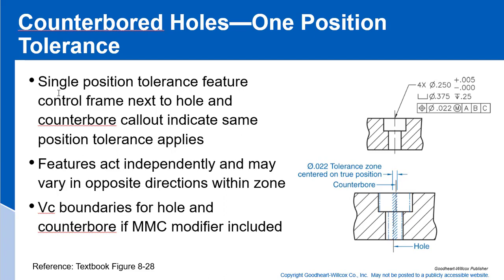A single position tolerance feature control frame next to the hole and the counterbore callout indicates the same position tolerance applies to both. These features act independently and may vary in opposite directions within the zone. Virtual condition boundaries for the hole and the counterbore apply if the MMC modifier is included. So you can have these holes shift off with respect to each other in different directions.